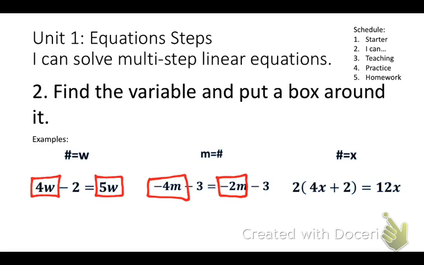And on that third example, which I don't have written out, is 8x plus 4 equals 12x, I still also have two boxes. Okay, so when I'm dealing with a multiple step equation, I might have two boxes, one on each side of the equation. If I have two boxes that happen to be on the same side of the equation, I need to combine those like terms. Make sure on your examples you have written down what I have done so far.